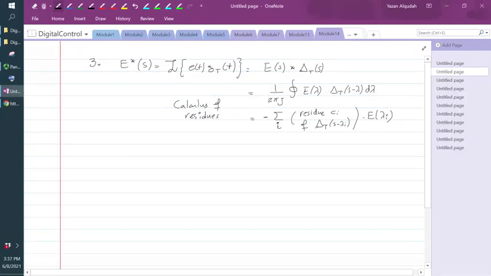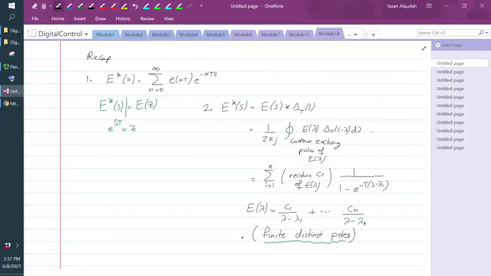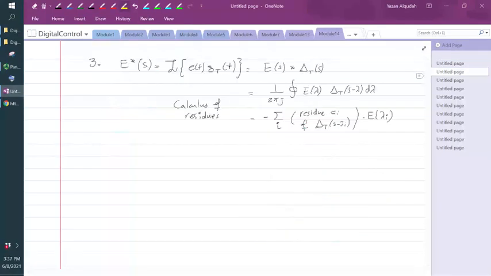How is this different from the one we had before? Before, I had the residue Ci of E of lambda, and then multiplied by delta T of S minus lambda i. Here, rather than taking the poles of E of lambda, I'm going to take the poles of delta T. Hopefully that is clear.